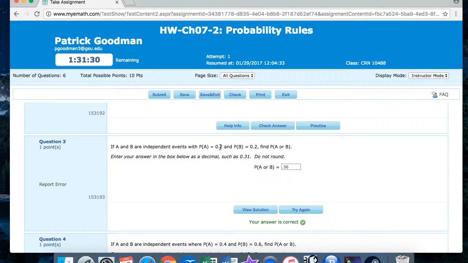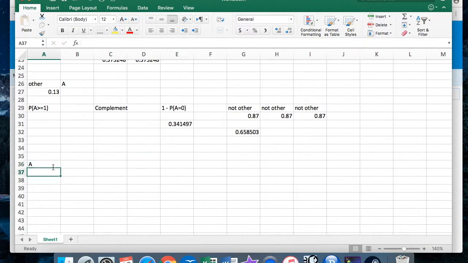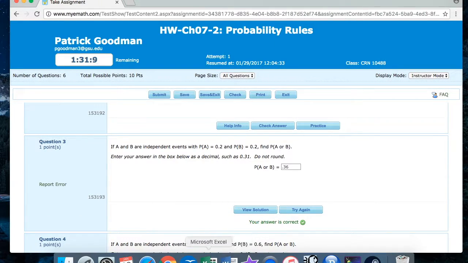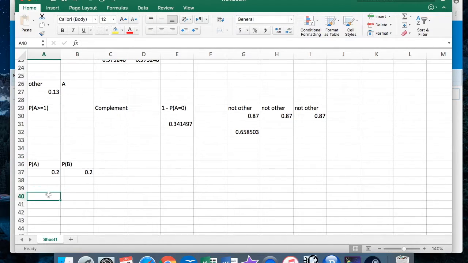So in this case, probability of A is 0.2, and probability of B is also 0.2. Well, then what would our probability of A or B be? Remember, the formula I wrote up there was probability of A or B, or that weird symbol, is equal to probability of A plus probability of B minus probability of A and B, so their intersection.